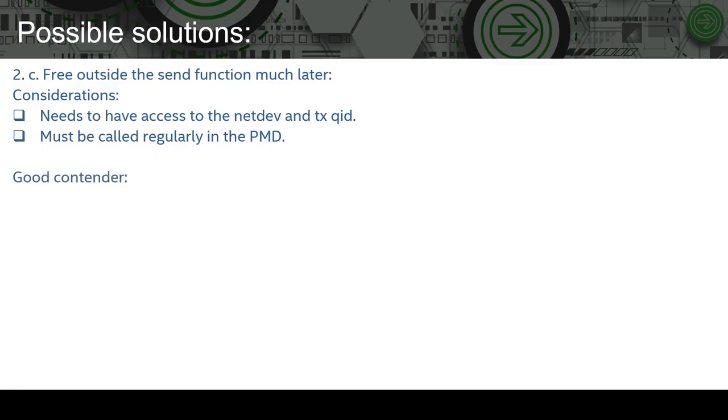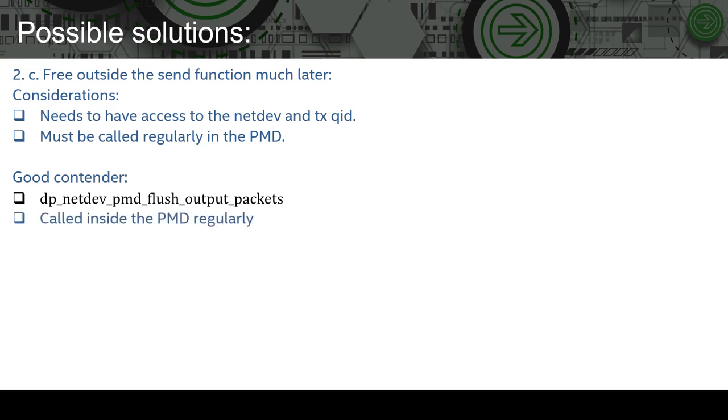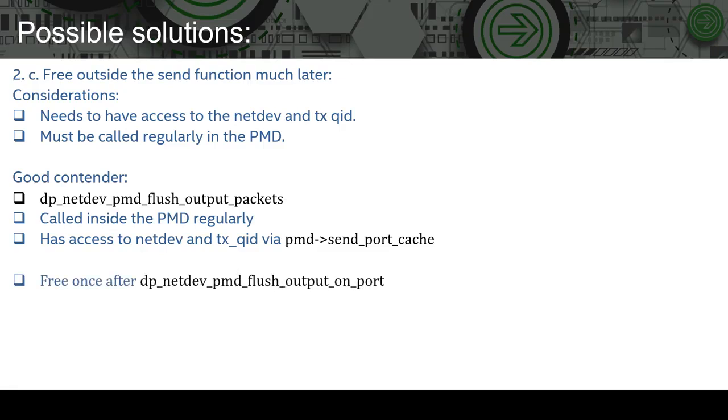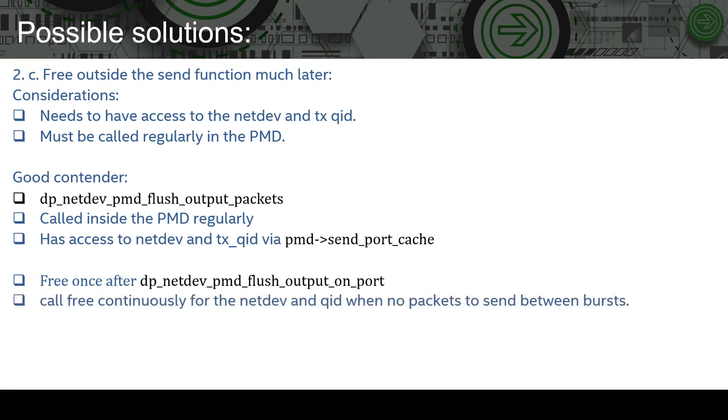A good contender would be the PMD flush output packets at the dpif level, because it's called regularly in the PMD and also has access to the netdev and txq ID. So we free once after the PMD flush output on port, which happens to be the function where the packets are sent, and then call free continuously for the netdev and the txq ID between bursts.